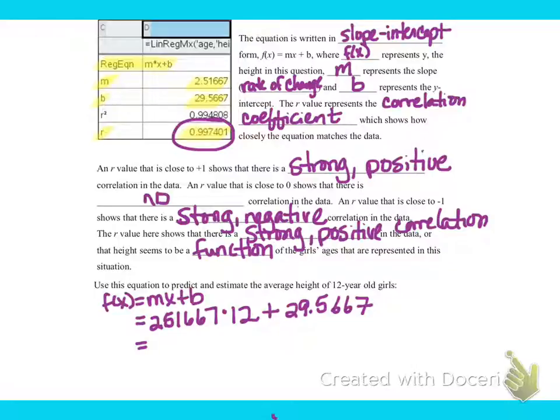So what we're going to do now, multiply and add. A calculator comes in handy here too, but I'll just tell you that will give us 59.7667.